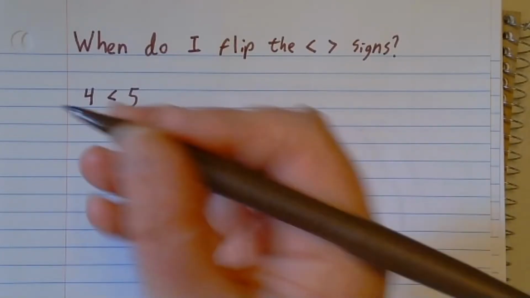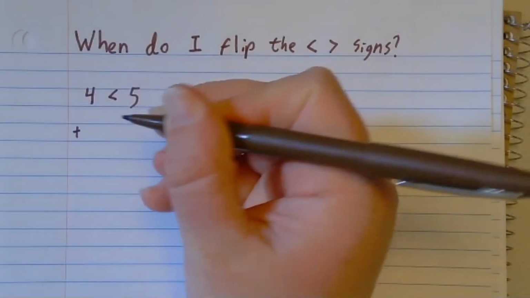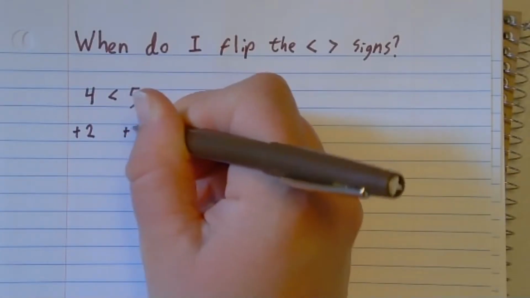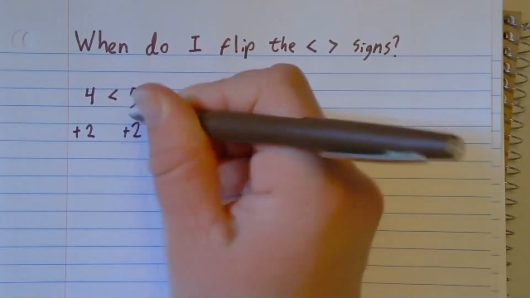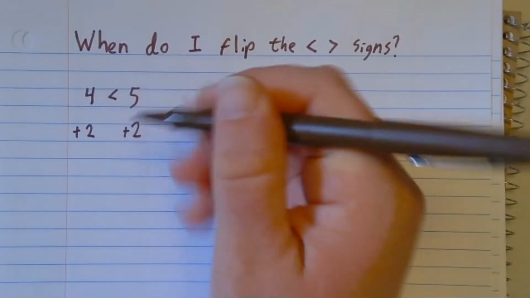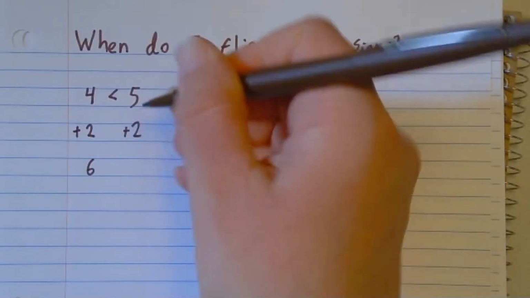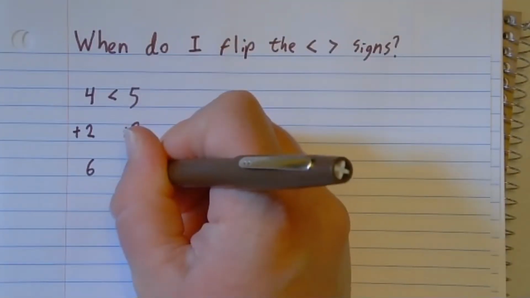What happens if I add 2 to both sides? With an equation, that would be totally fine. I can definitely add 2 to both sides and it would still be in balance. So does this preserve the same imbalance when I add 2 to both sides? 4 plus 2 is 6. 5 plus 2 is 7.